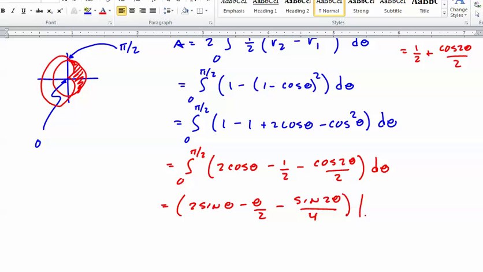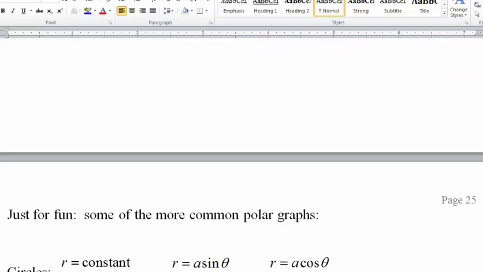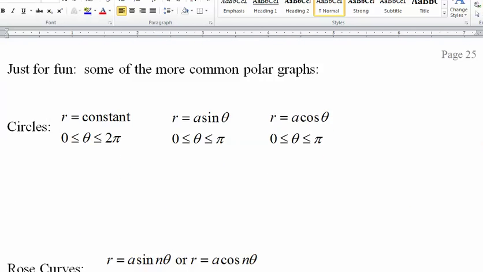And that's from 0 to pi over 2. Blast that out, you should get 2 minus pi over 4, approximately equal to 1.215. So that's tricky stuff. You've got a bit of work ahead of you.